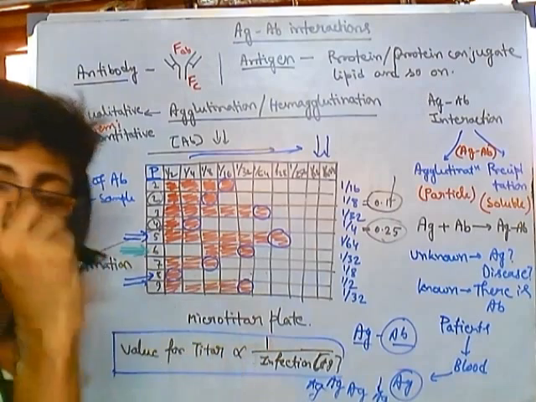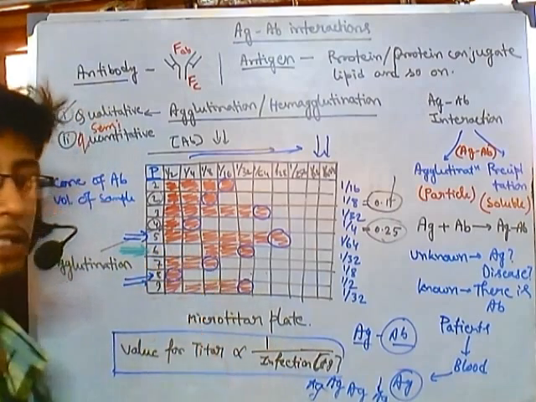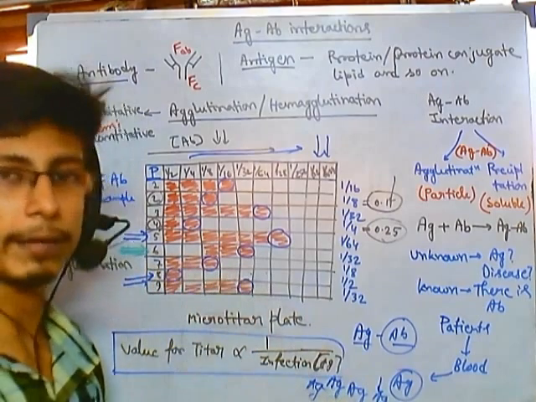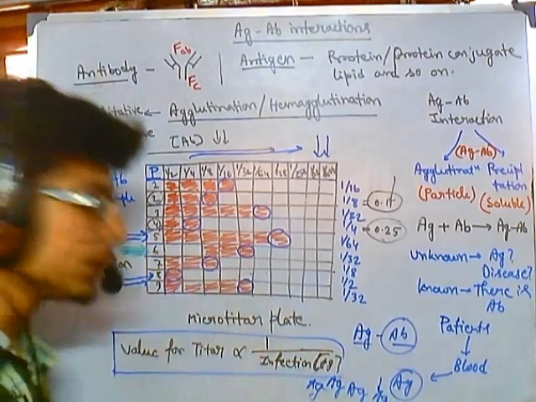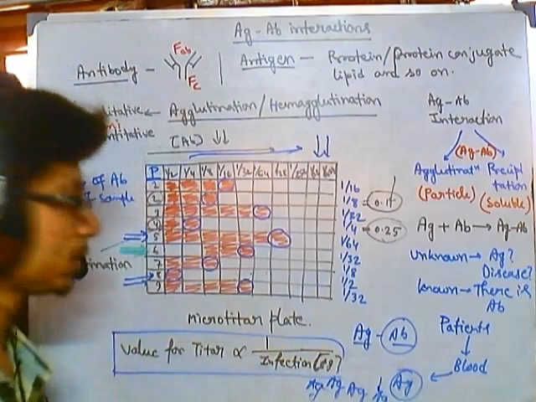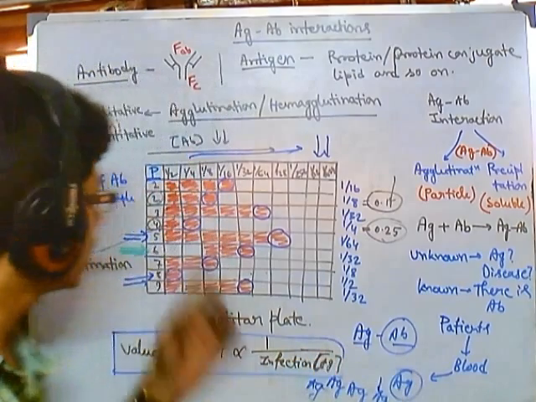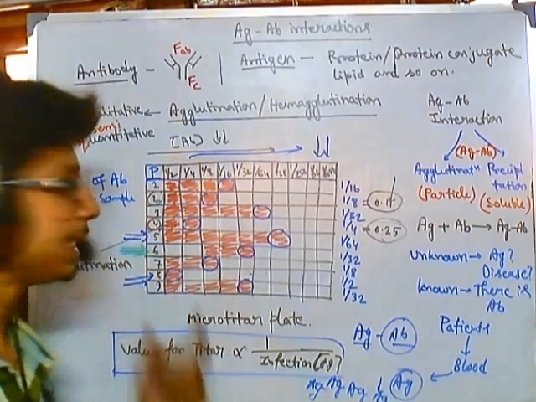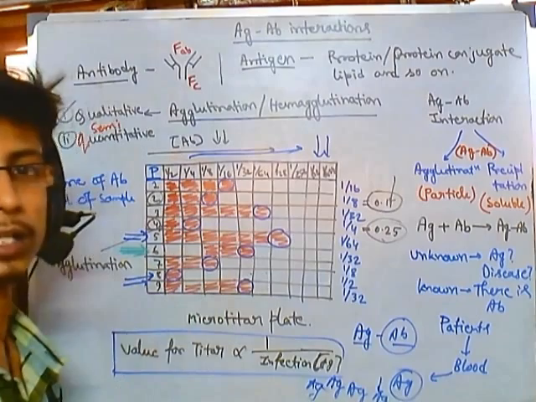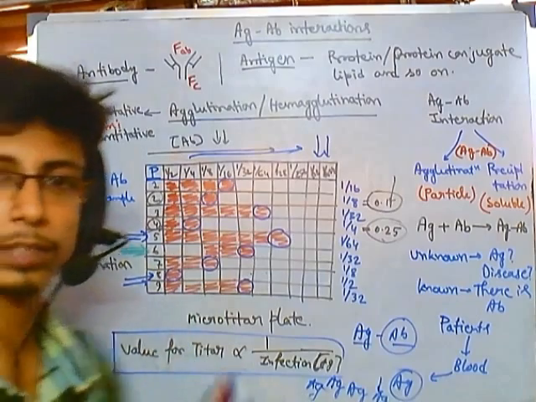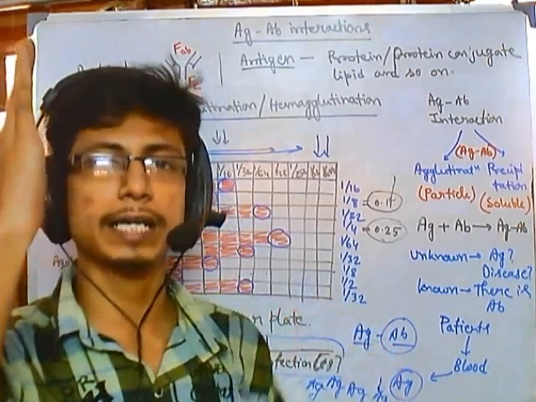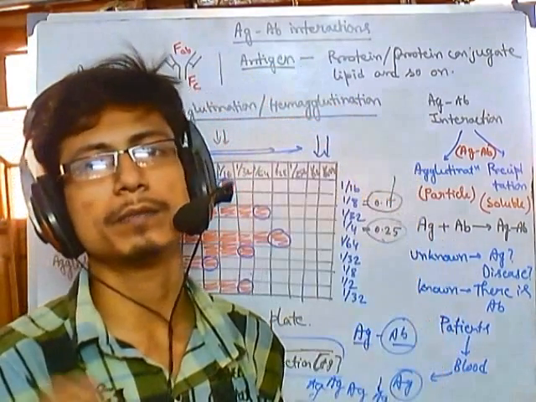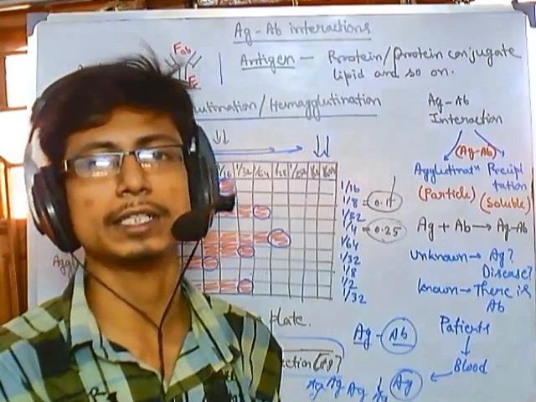Why not? Let me tell you the possible explanation for this kind of result. This kind of result happens many times. We know that the interaction of antigen and antibody depends upon the concentration of antigen and antibody. Now in this case, the concentration of antibody is so high that it is not sufficient to make any kind of lattice-like conformation, because I have told you that if the concentration of antibody is higher than antigen, or the concentration of antigen is higher than antibody, then we won't end up with a strong antigen antibody interaction.